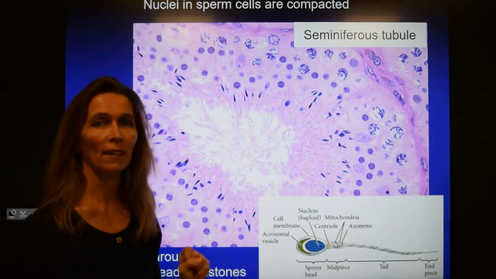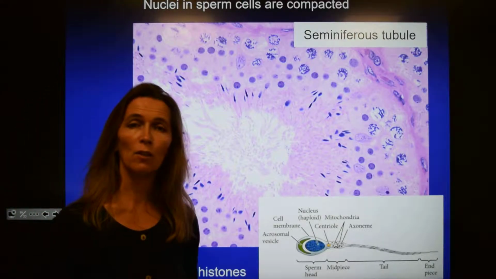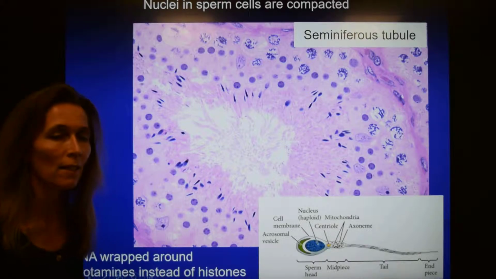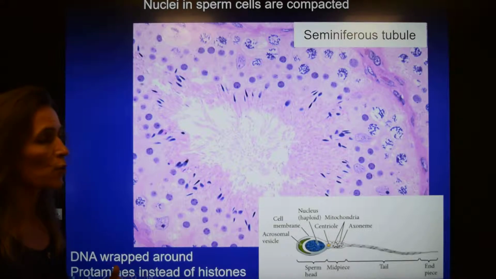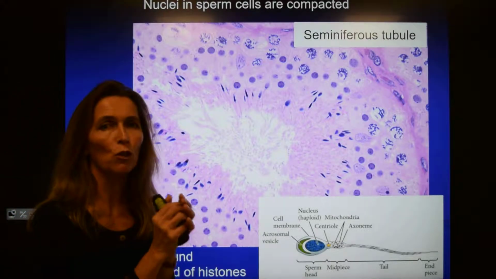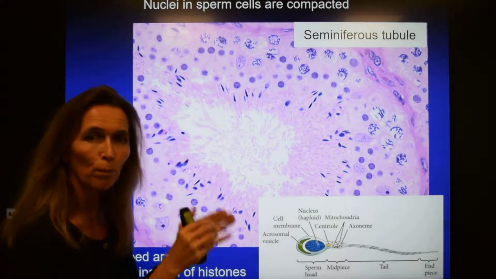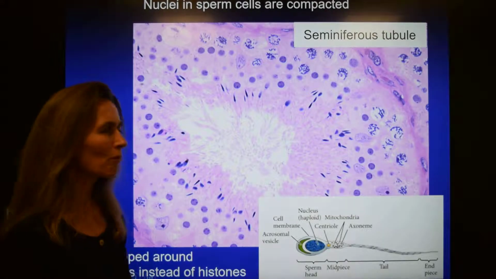In sperm cells, the genetic material is no longer wrapped around histones, but here it's wrapped around proteins called protamines. And those protamines allow this genetic material to be wrapped much tighter, and for that reason be that streamlined torpedo shape that enables the sperm to wiggle so efficiently.